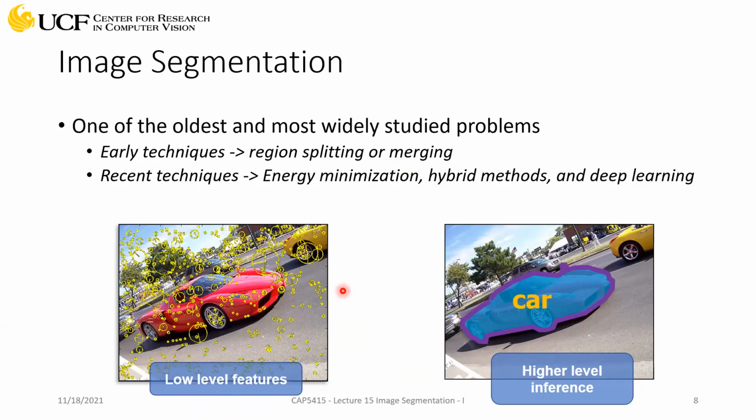If you try to differentiate between what we have learned so far in the course, for example, low level features, the clear distinction is, when you're extracting low level features, you don't have a semantic meaning. You can't say that this particular area belongs to a certain part of the object, because you just find interesting points and extract features, and those features will be useful later.